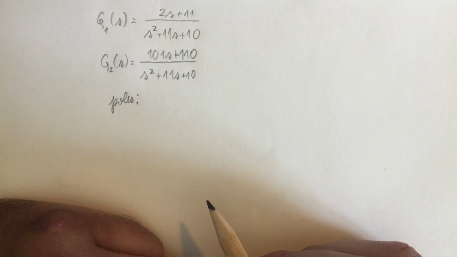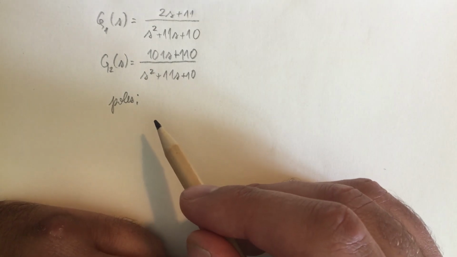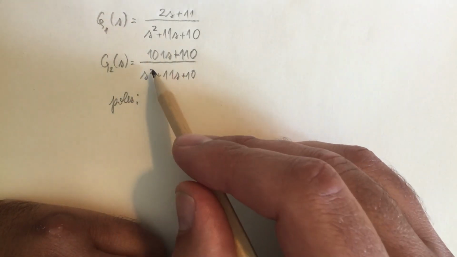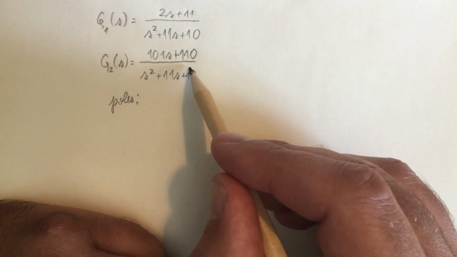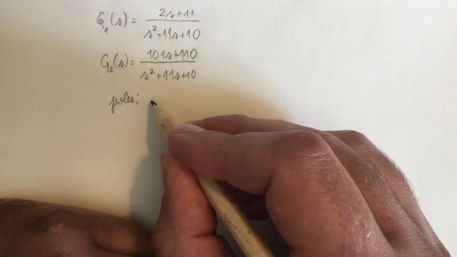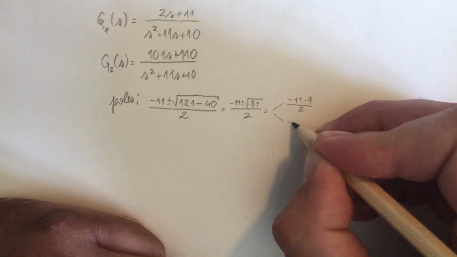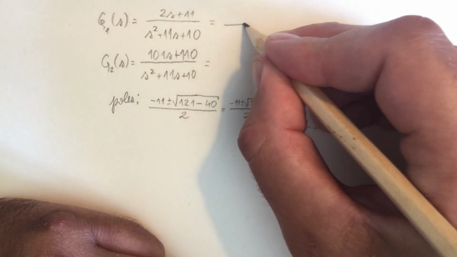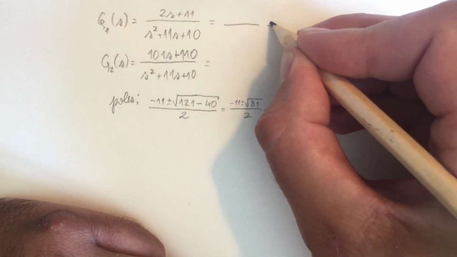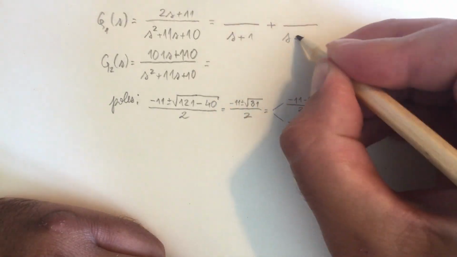A last result concerns the influence of poles and zeros in time responses of transfer functions. Consider, for instance, these two, which have the same polynomial in the denominator and consequently the same poles. We can expand them both into partial fraction expansions.